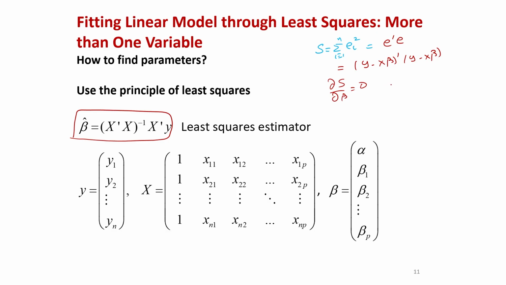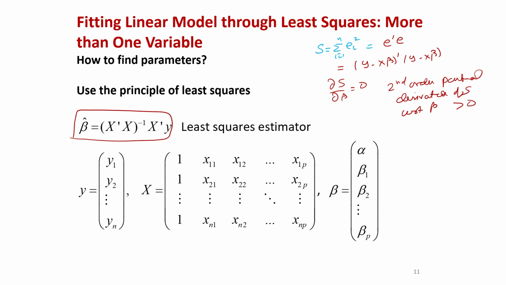After that you can verify that the second order partial derivative of S with respect to beta is positive. That means beta equal to beta hat is minimizing the sum of squares due to errors.